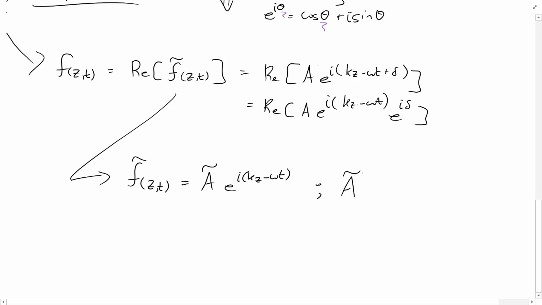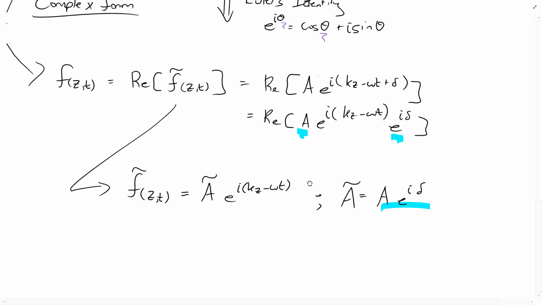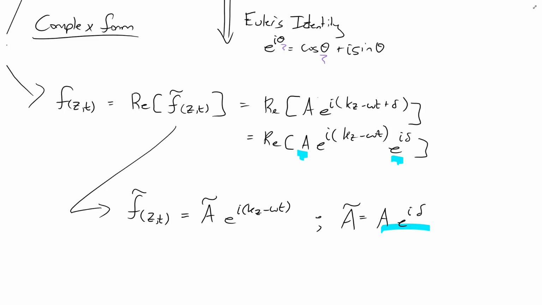This complex amplitude is just the amplitude combined with our phase term from before here. So the advantage of working with waves in their complex form is that they're much easier to perform mathematical operations on.